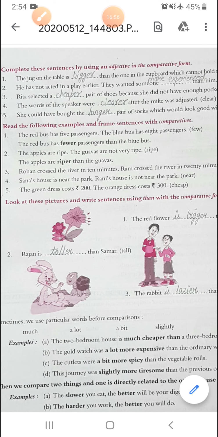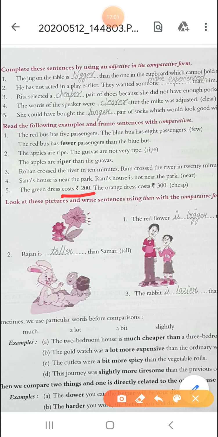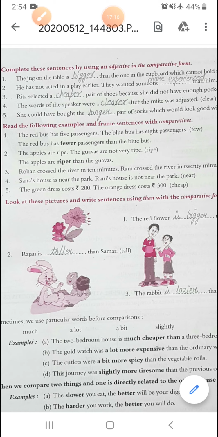Fifth, the green dress cost 200 rupees and the orange dress cost 300 rupees. And you have to use the word cheap, and the comparative form of cheap is cheaper. So what will be the answer? The green dress is cheaper than the orange dress. Is this clear?